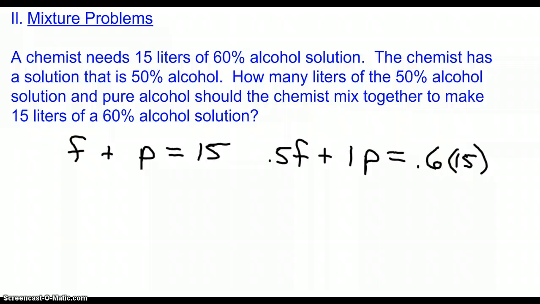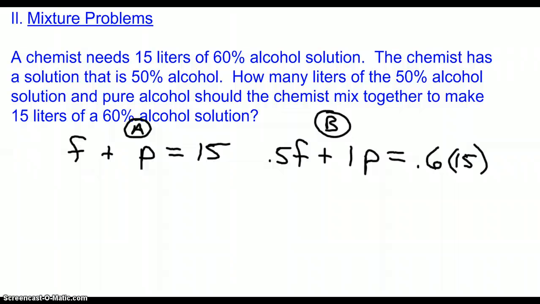So we have two equations, and we now can use substitution to solve. F and P in our equation A have the same coefficient, so either one of these we could isolate easily. When I look at equation B, P is kind of all by itself, so it would be really easy to substitute something into that.